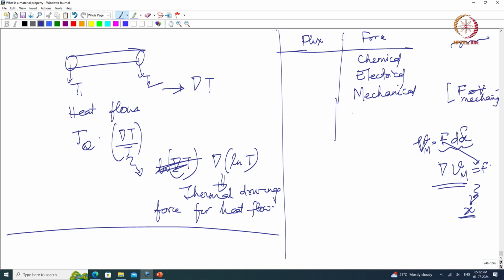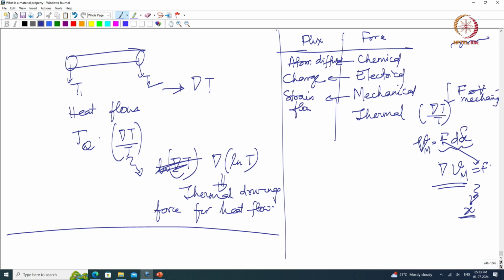This force can be thermal force, which is nothing but delta T by T or gradient of T, and the flux is going to be atom diffusion or ion diffusion. The flux is going to be charge migration or charge flow, and Ohm's law comes from there. The flux can be strain flow or material flow, or just heat flow.